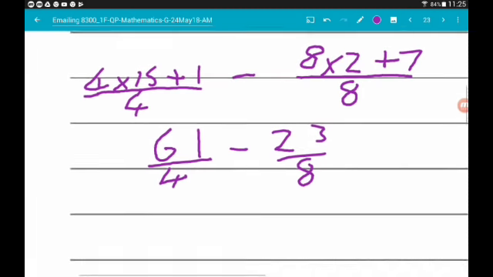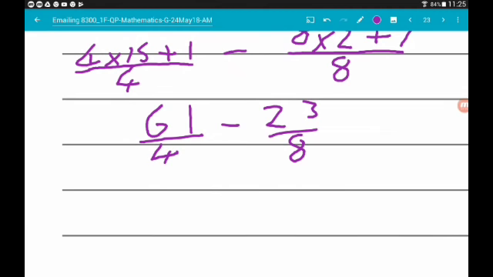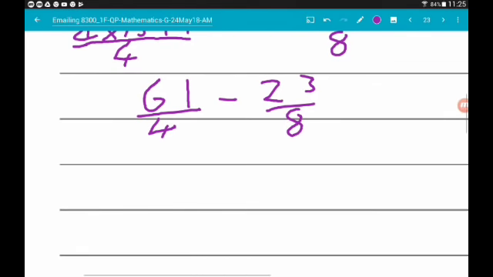Okay, so now we need the bottoms of these fractions to be the same. Now we can turn 4 into 8 by multiplying by 2. So we only actually need to alter this first fraction. So we're going to multiply the top and bottom of this guy by 2.